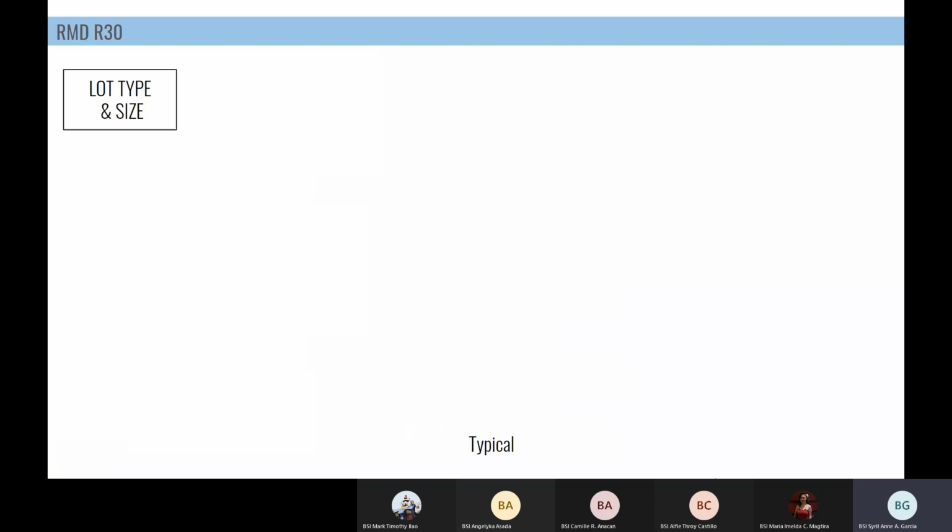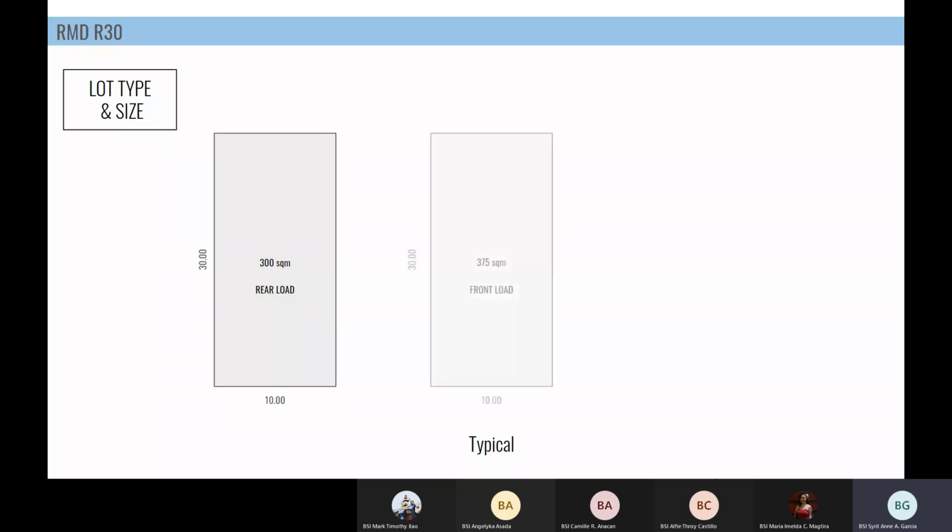Regarding RMD R30, the typical lot sizes and orientations. We have 10 by 30 that measures 300 square meters in area, and it is rear load, meaning the garage is at the back of the lot.